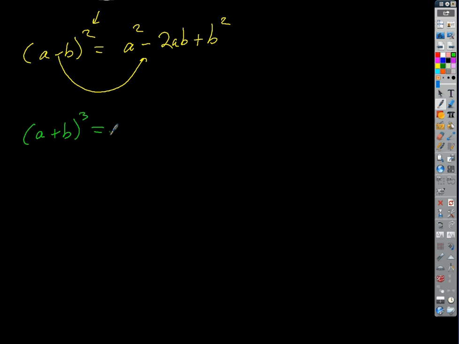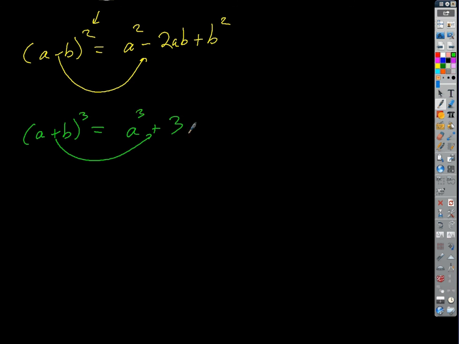So what's going to go first? Positive. A cubed, good. What do you think the term clear over here is going to be, the last term? It's going to be b cubed. Okay. So what's the next one going to be? Now this is positive, so the next one's positive, right? So what are the powers of a and b going to be here?